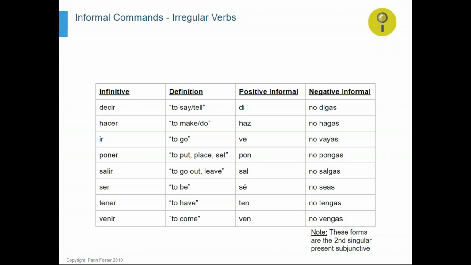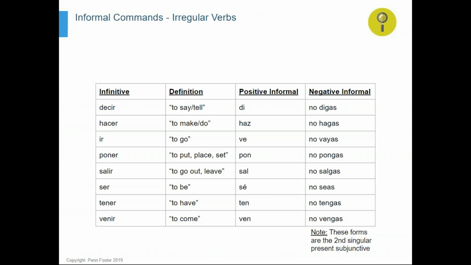And that is the full command. For instance, the word di means tell or say. So if you wanted somebody to tell the truth, di la verdad. You don't have to add anything to those positive informal words shown to you here. If you ever heard somebody say ten cuidado in Spanish, that means be careful, or ven aquí, come here. Some of the more common commands.